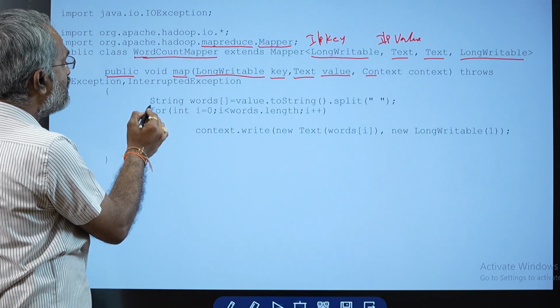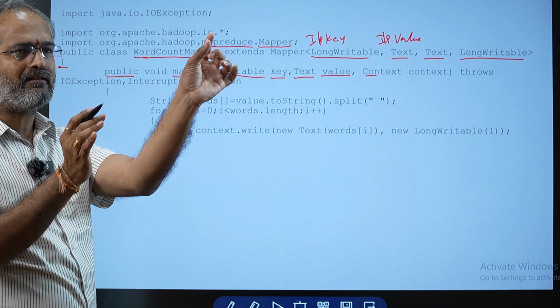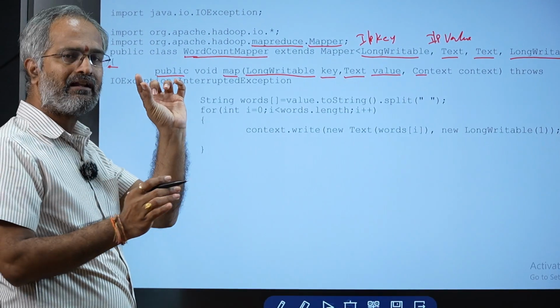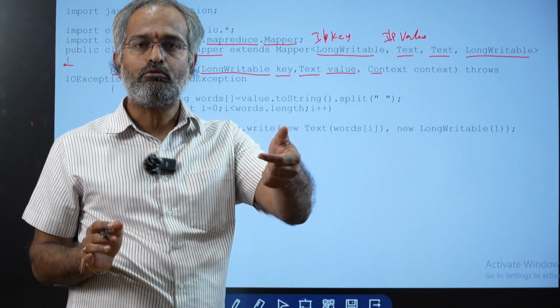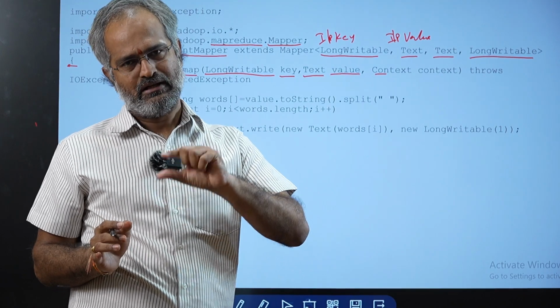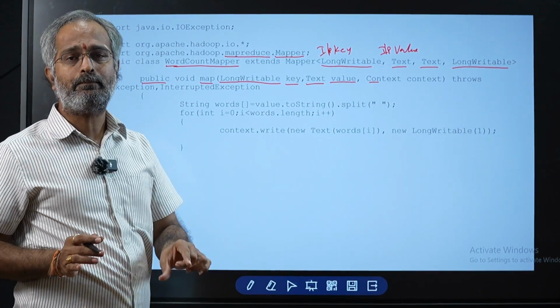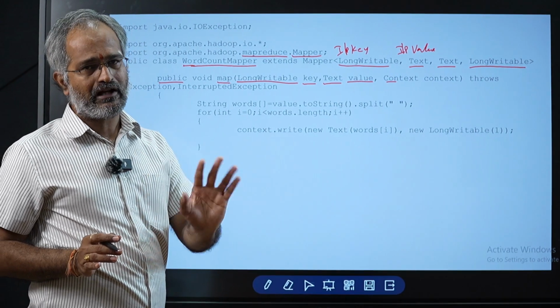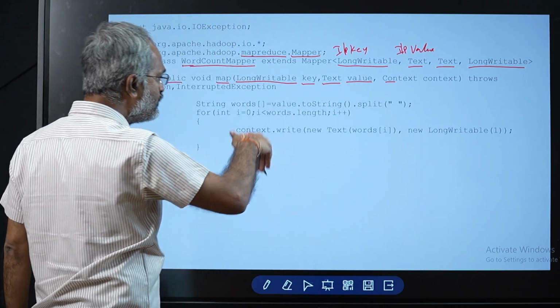And inside the map method we have to handle the entire line. How to handle this entire line? It is in Text format, but we have to convert that into Java primitive data types, that is, convert it into a String, then you can manipulate it. In Text format you cannot manipulate, so we convert that Text into String.